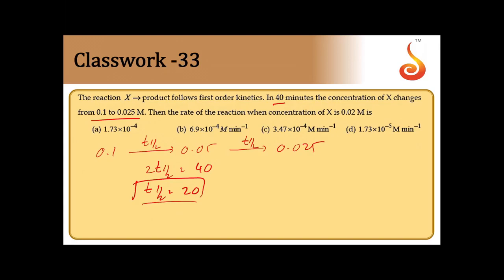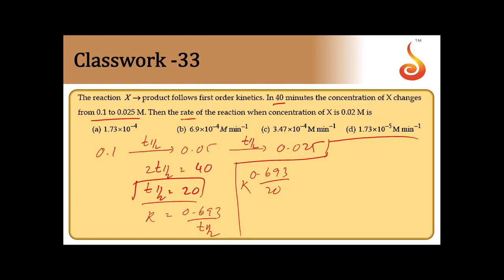So half-life is known to us. From half-life we can find the value of K. K will be equal to 0.693 by half-life, 0.693 by 20. Now we need to find the rate of reaction when concentration is 0.02.